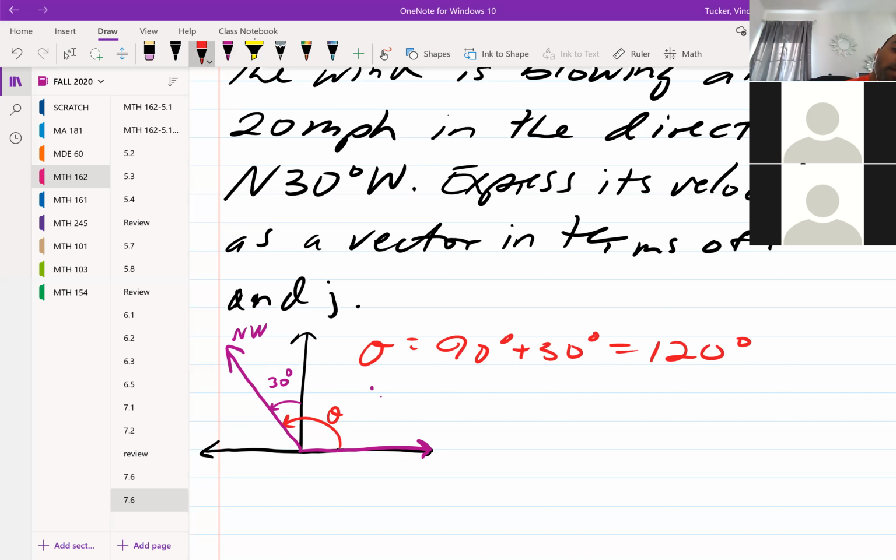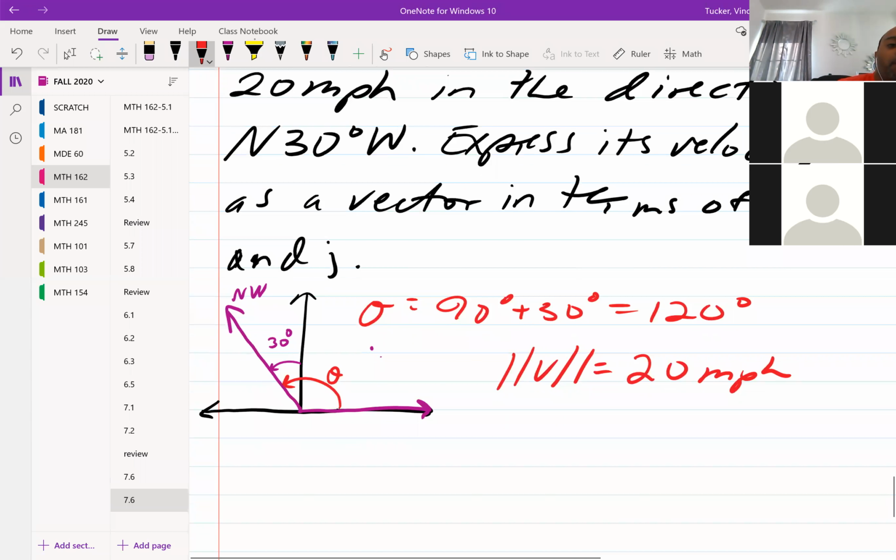And the magnitude of our vector is going to be that 20 miles per hour, since the wind is blowing at 20 miles per hour. All right, so we have our pieces.